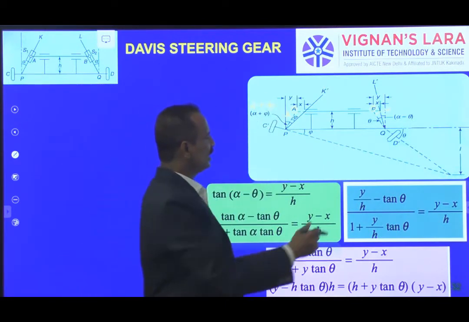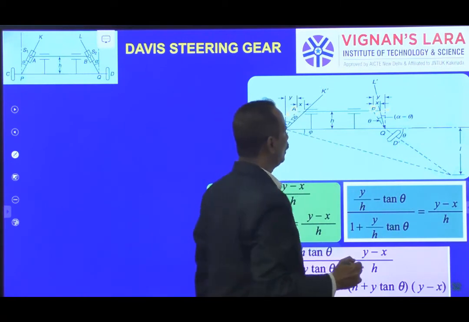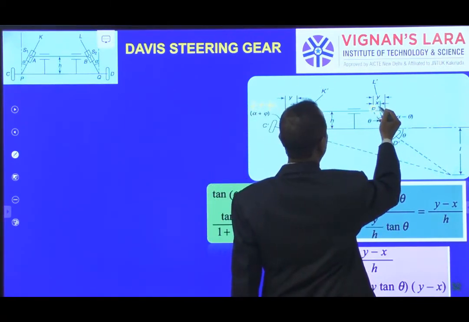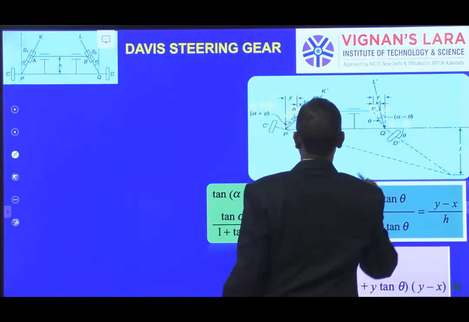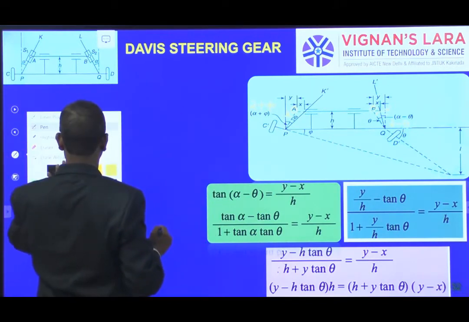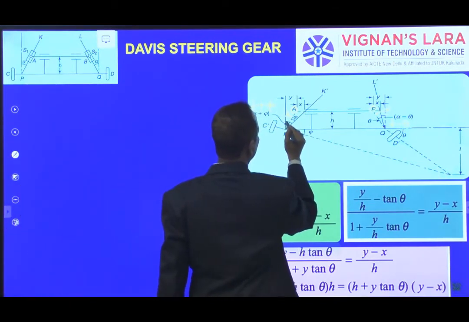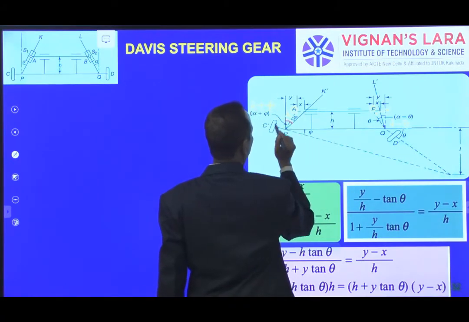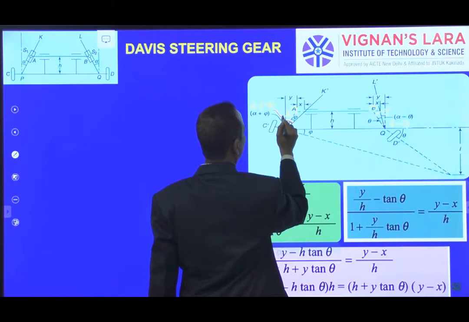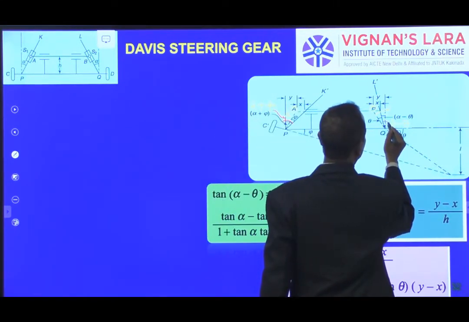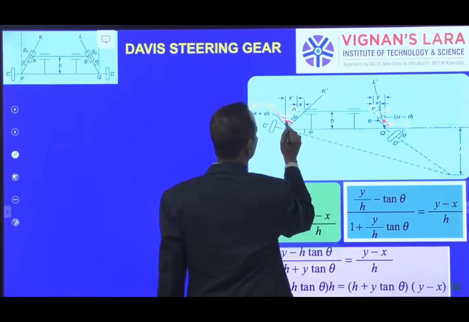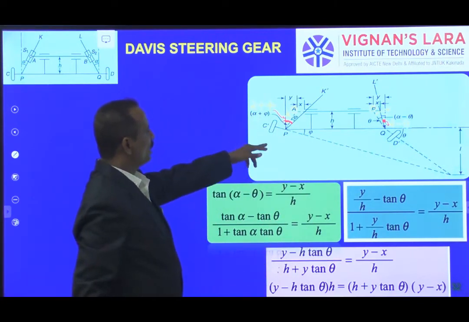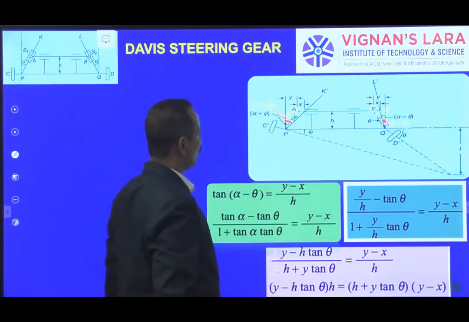Whereas this is making an angle theta, the new position of this link, at L dash, has the angle alpha minus theta. So alpha plus phi and alpha minus theta.